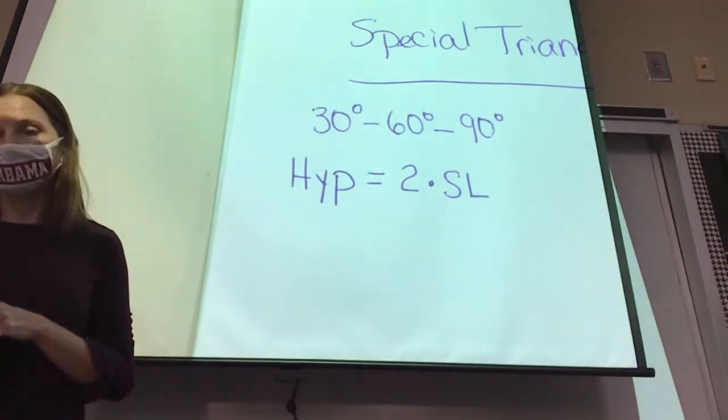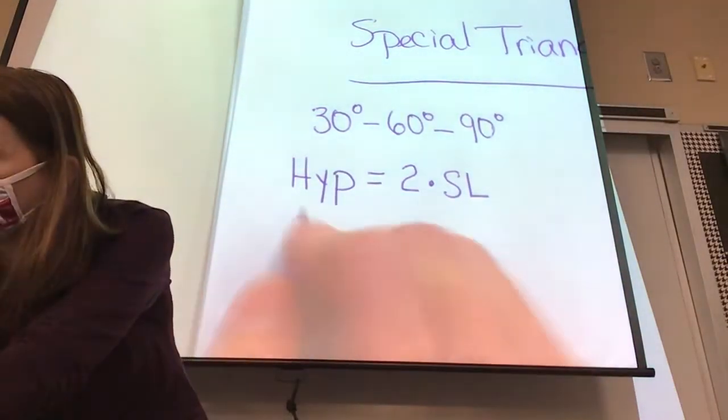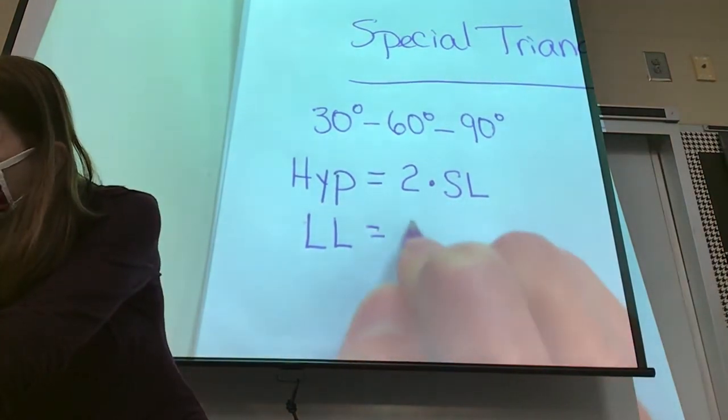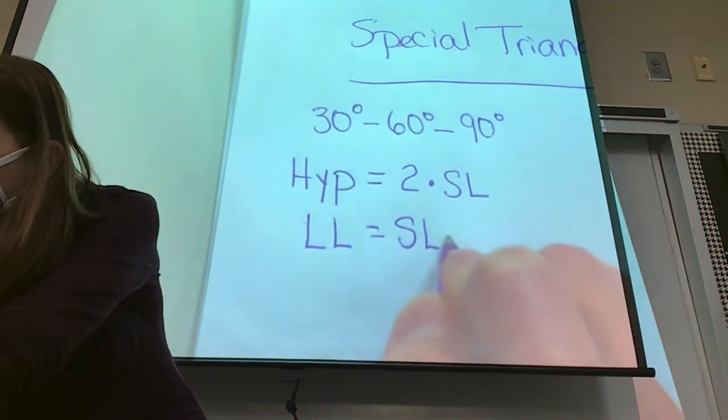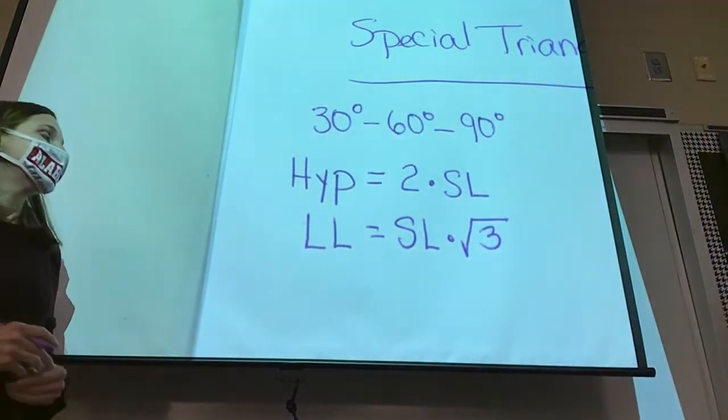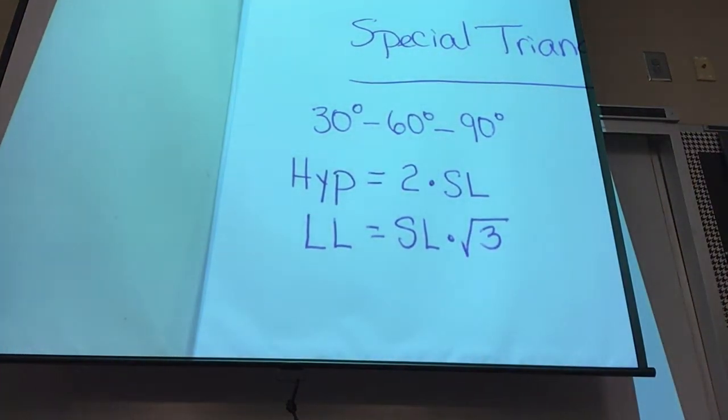That's your first one. And the second one is LL equals SL times the square root of 3. So those are your two formulas we're fixing to use.